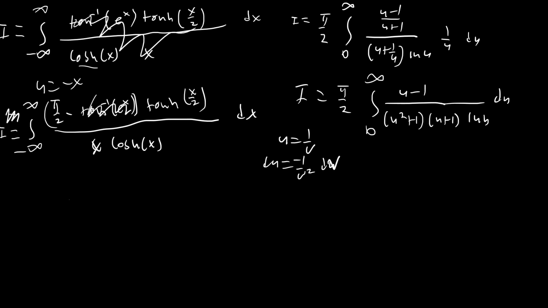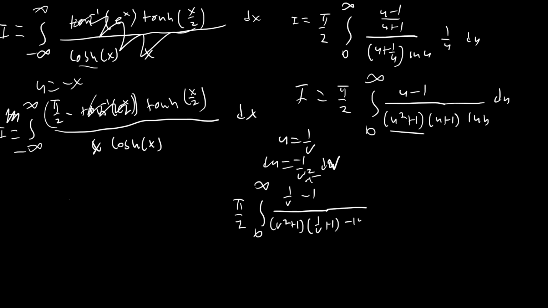So we're going to get pi over 2, integral from 0 to infinity, 1 over v minus 1 over, we're going to combine this v squared into this factor so that we just get v squared plus 1 again. We're going to get 1 over v plus 1, and then here we're going to get negative ln v dv.